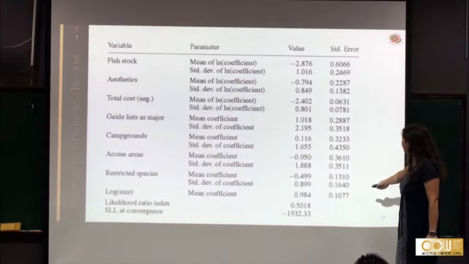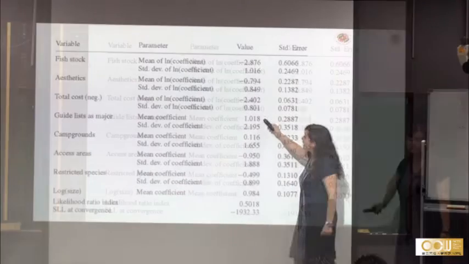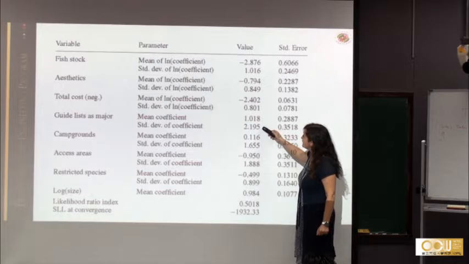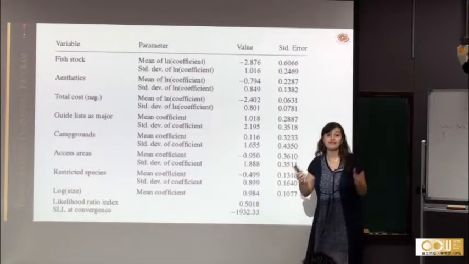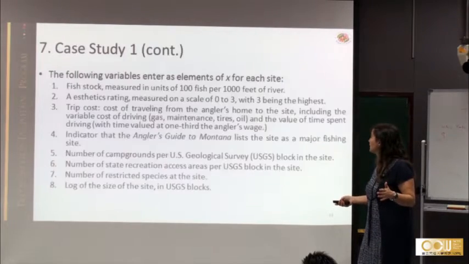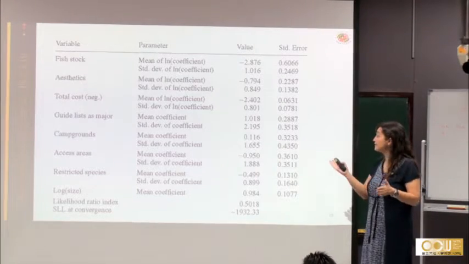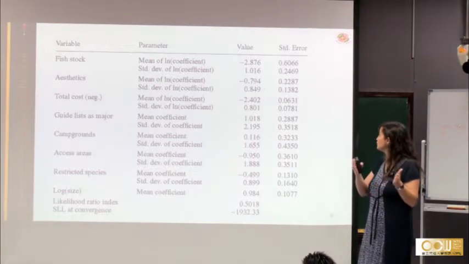And then he has standard errors, and I believe that here everything is significant. You will see that, depending on the value of this standard deviation with respect to the mean, you have a fraction of the population that has a positive value for that coefficient, or negative.